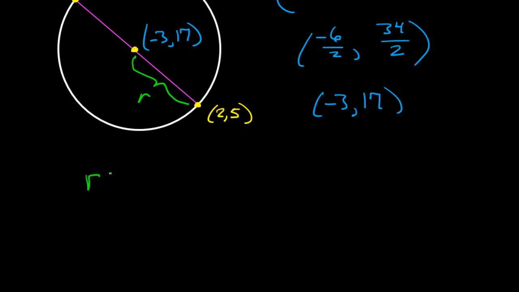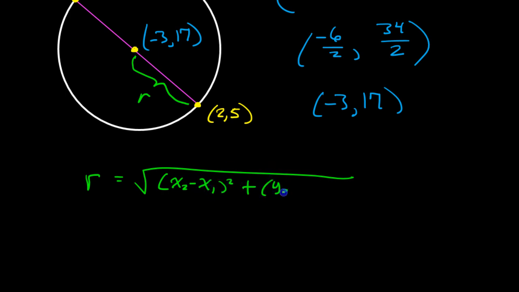So the radius, the distance formula goes like this. It's the square root of x2 minus x1 squared plus y2 minus y1 squared.